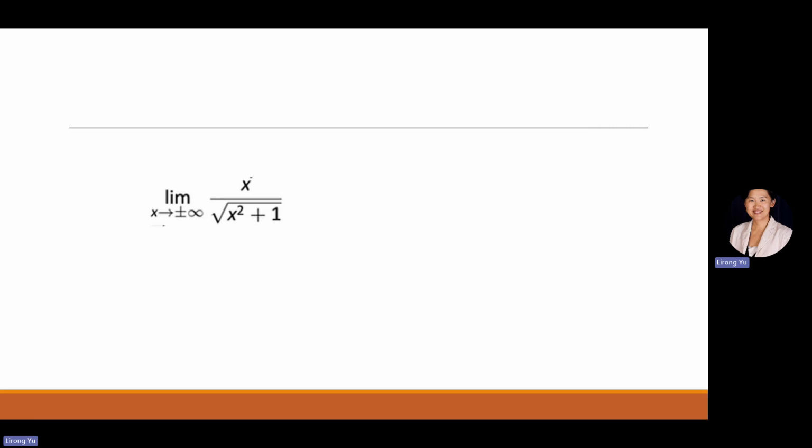You might find the limit difficult to calculate, but think about the highest degree. In the numerator, there's only one term, there's nothing to change. When x approaches infinity, what matters is the term that has the higher degree; the one with a lower degree can be disregarded. So we're calculating x over the root of x squared.